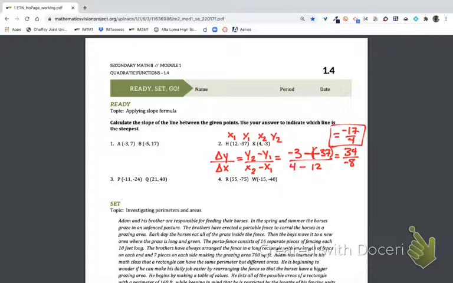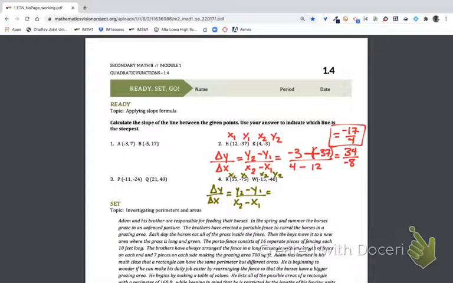For number 4, same process. x1, y1, x2, y2. We're finding the change in y over the change in x. We're taking the difference of our y coordinates and the difference of our x coordinates.